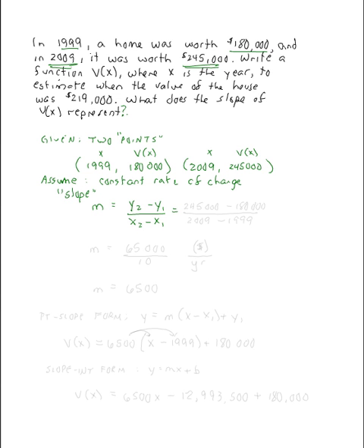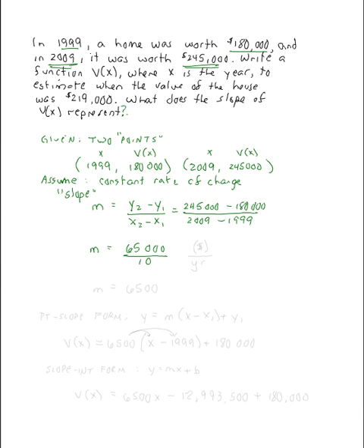For us, the y values were the value of the house. $245,000 minus that initial $180,000 divided by those x's were the years. 2009 minus 1999. So we have for our slope the rate of change in the value of the house, $65,000, divided by the change in the years, which was 10.